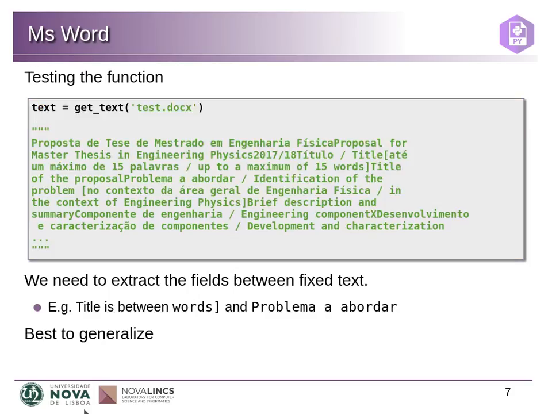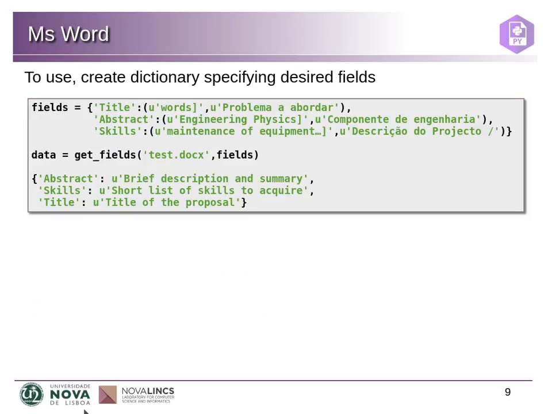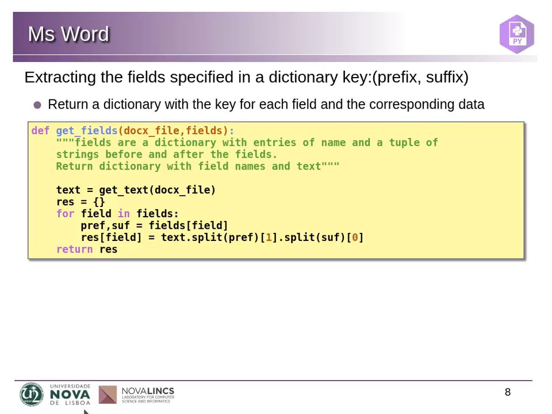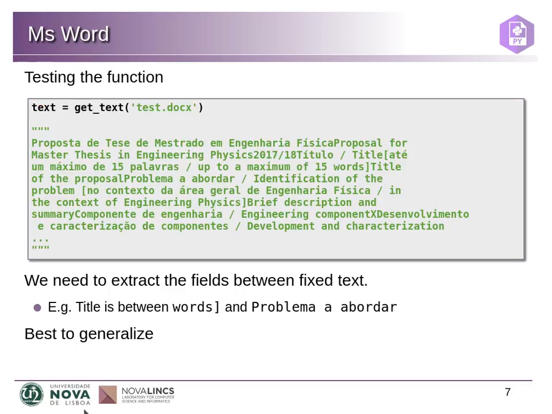For example, we could give it something like this: words and the square brackets, and problema a abordar as the two endpoints of the text that we want, and put that in a key called title. And so this function would add an entry to the result dictionary, an entry with a key called title, and we'll put there the text that is between this part, words here, and problema a abordar, that part here.